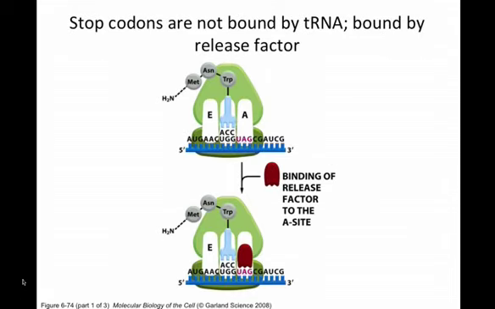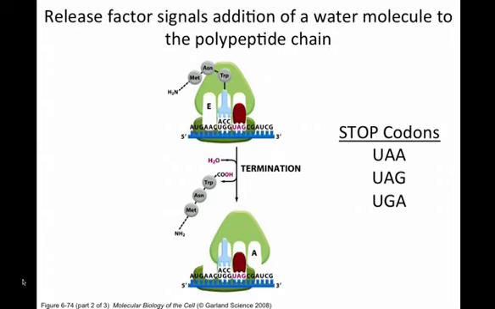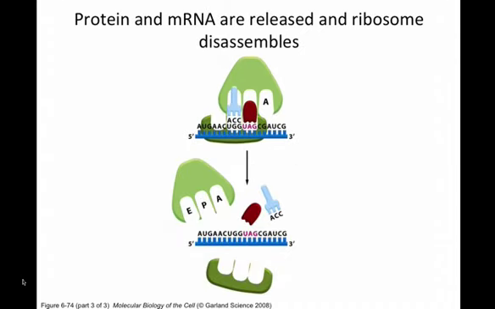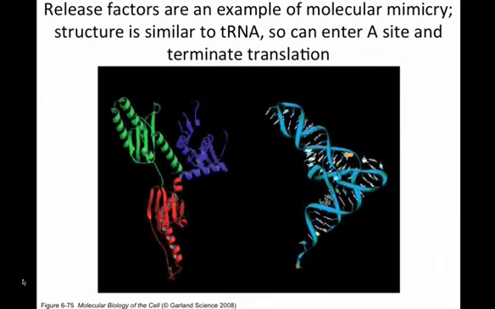Here's your stop codon, UAG, and your release factor binds to the A site. Then you get addition of your water molecule, and there's your COOH, and that's termination. Here are your stop codons. Your protein is released, your mRNA is released, and your ribosome disassembles.